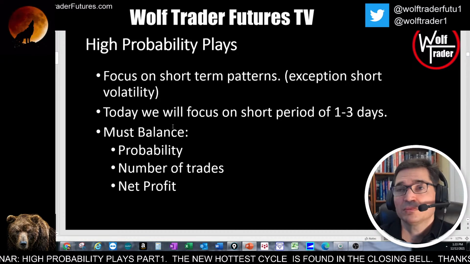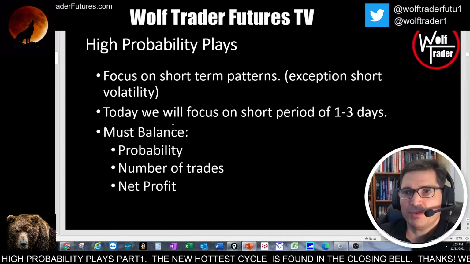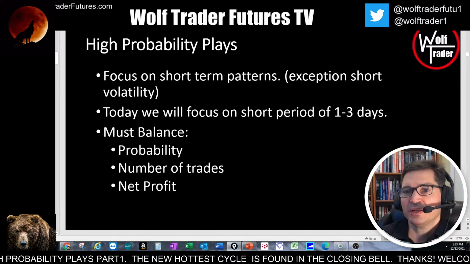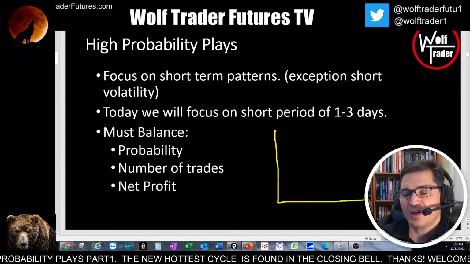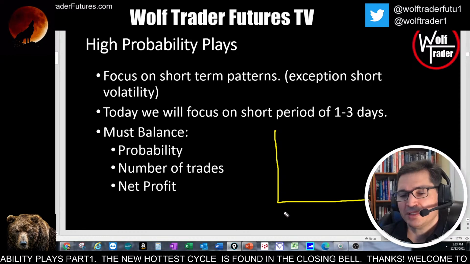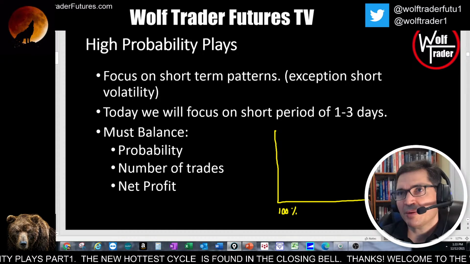So we have to look at what are called saddle points on curves. Let's say you have probabilities, and the probability out here is like 100%, and then as you go out, the probability becomes less.